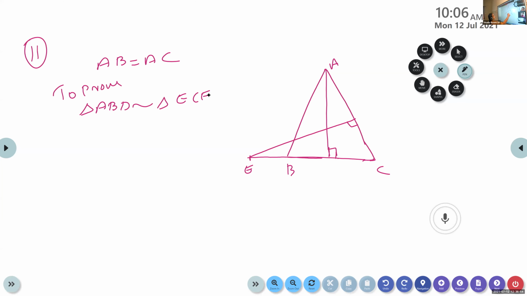Move your fingers through those two triangles, A, B, D and E, C, F. Move your finger one or two times over those two triangles so that you will get some idea.